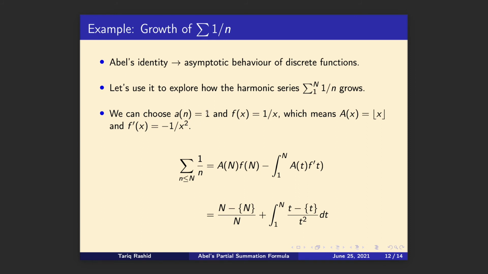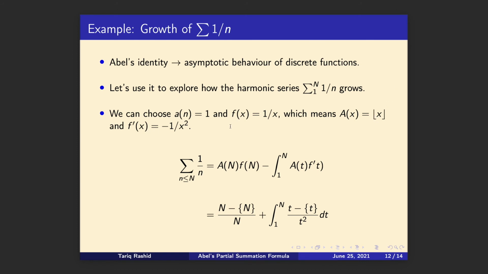So if a_n is 1, the arithmetic function, that means the partial sum A(x) is very simple. It's just the floor function of x, because this is just counting ones. So when capital A of 5 is just 5, it's 1 plus 1 plus 1 plus 1 plus 1. But if, say, it's 5.5, then it will only be 5.